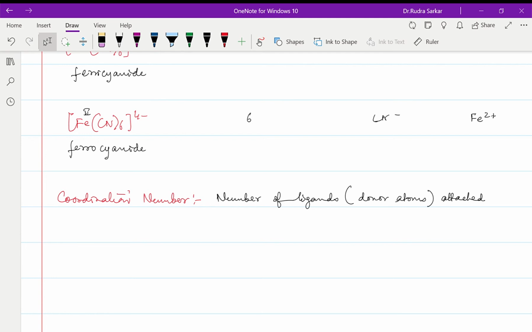A particular ligand having 2 or more donor sites, not only one. So that's why I'm saying donor atoms. Number of donor atoms attached to the central atom. That's it.